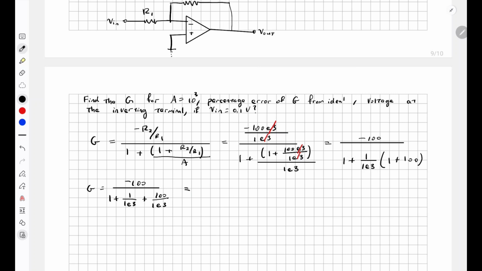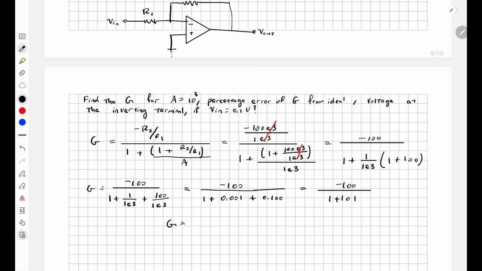So this is equal to negative 100 divided by 1 plus, moving the decimal 3 places, 1, 2, 3, so 0.001, plus 0.1. So that's negative 100 divided by 1.101.